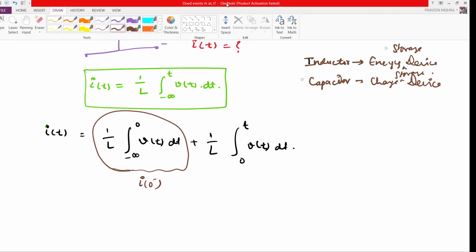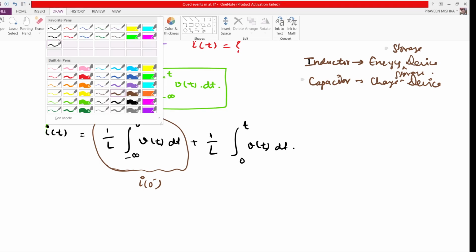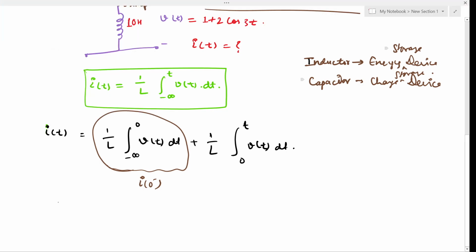Okay, so next, i of t will be equal to 0 plus 1 by L. The value of L is 10 Henry. So 1 by 10 into the integral from 0 to t of v of t, which is 1 plus 2 cos 3t, into dt.